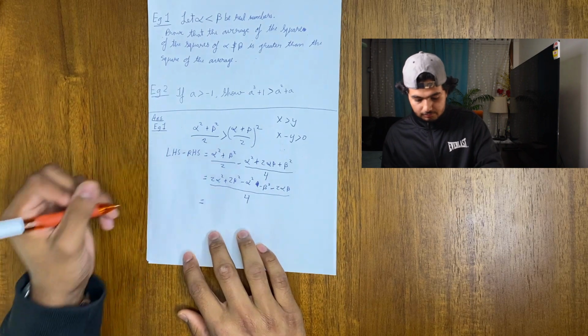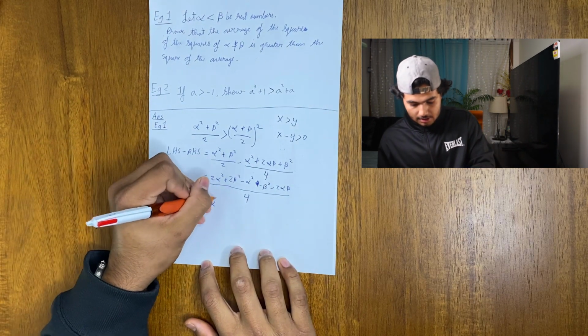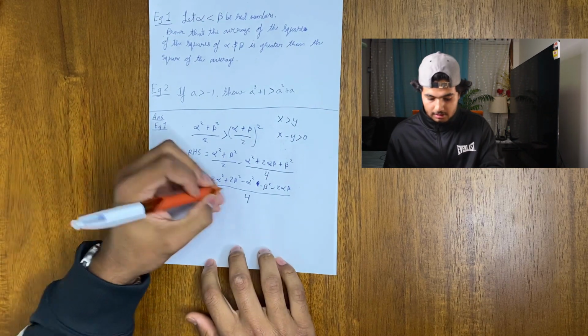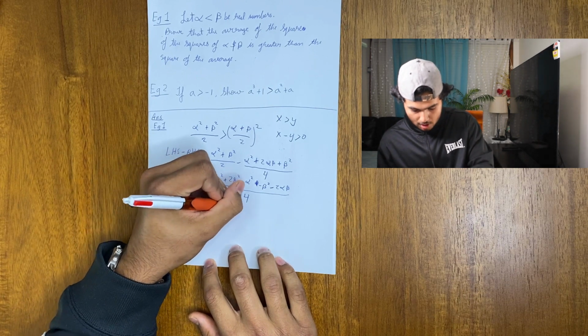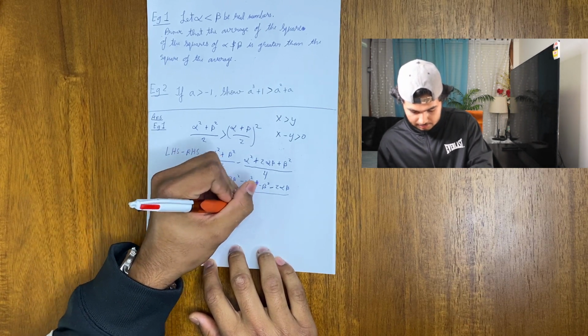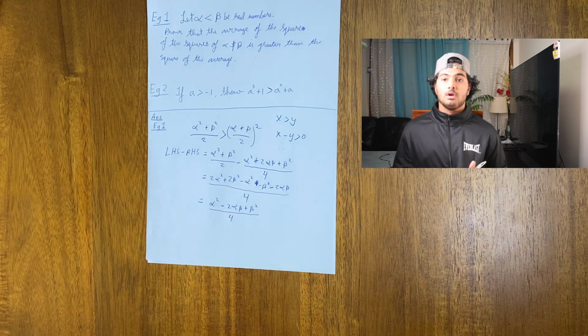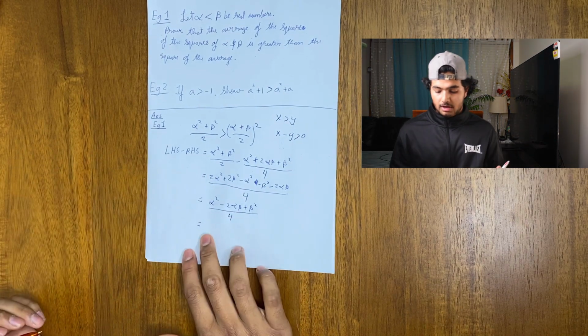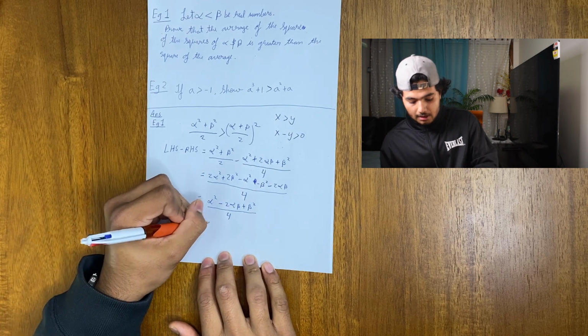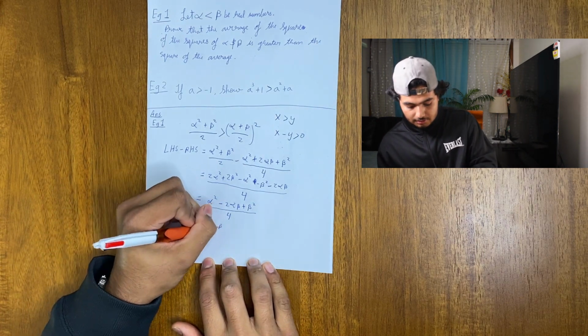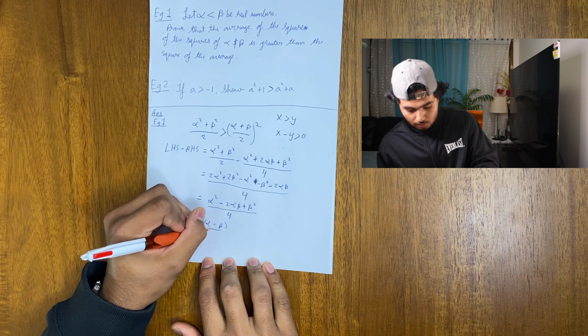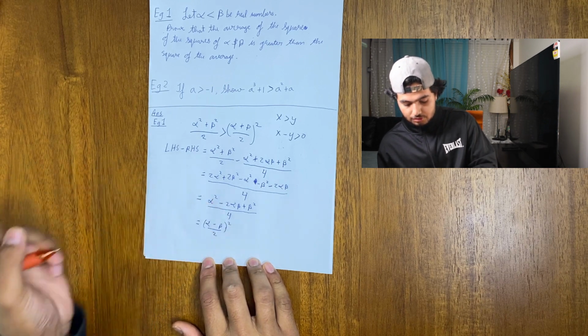Correct? This then simplifies as alpha squared minus 2 alpha beta plus beta squared all upon 4. Correct? Further then becomes alpha minus beta all upon 2 all squared.